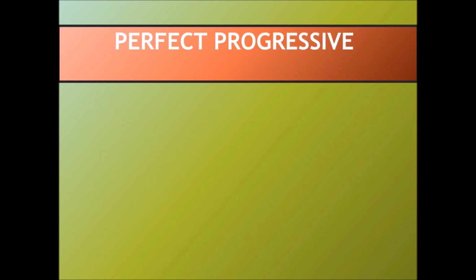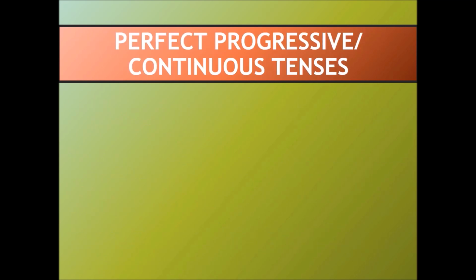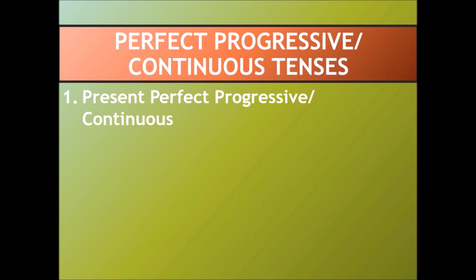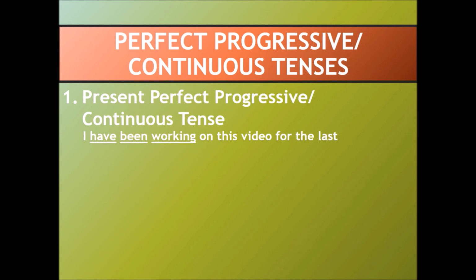The last group are the perfect progressive continuous tenses. We'll start with the first one, the present perfect progressive or continuous tense. Example is, I have been working on this video for the last 2 weeks. So, have and been are helping verbs of the main verb working.